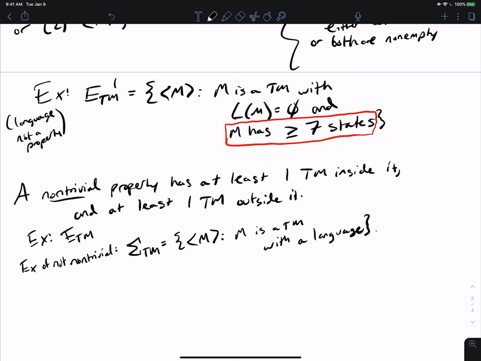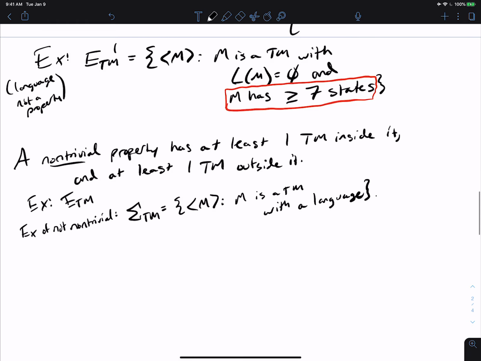Every machine has a language, so that means that every Turing machine is inside sigma TM, and there's no Turing machine that's not inside sigma TM. So this would be an example of something that is not a non-trivial property.